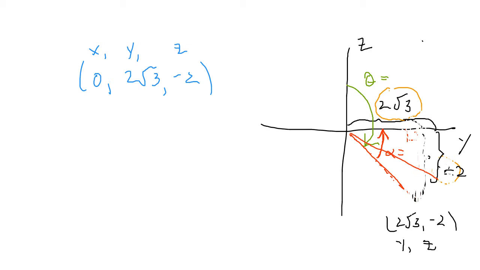I'm just making the picture a little better. I think Brian got maybe a little confused because it looked like a 45-degree angle, right? But this is a little more accurate. So here's the point right here, with coordinates 2 root 3, negative 2.